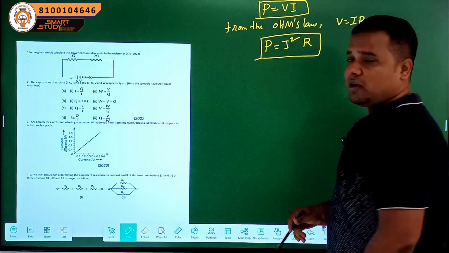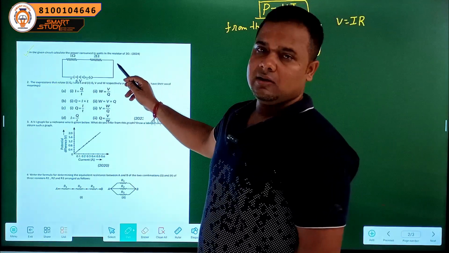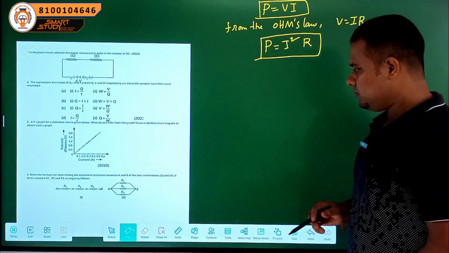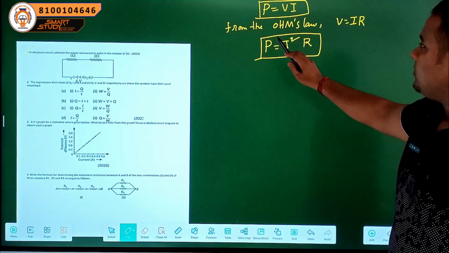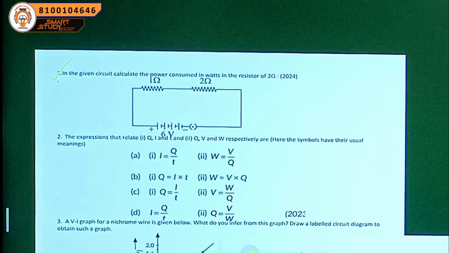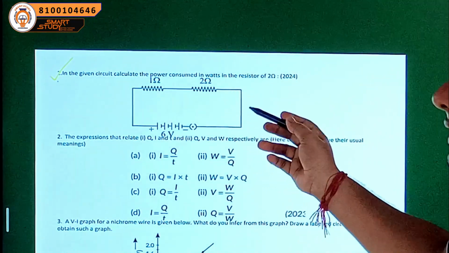Now my question to you is, in this circuit which formula will we use? Will we use P equal to VI or P equal to I square R? We need to know which parameter is unchanged in the question.